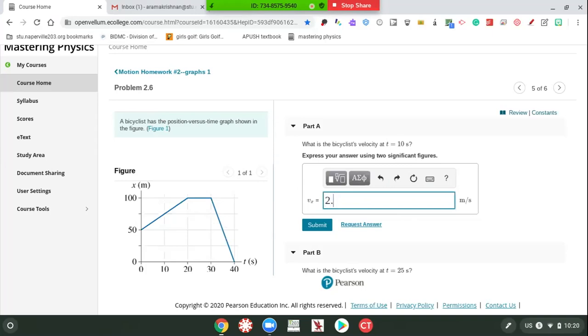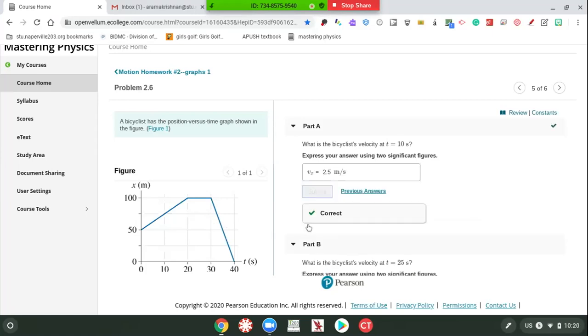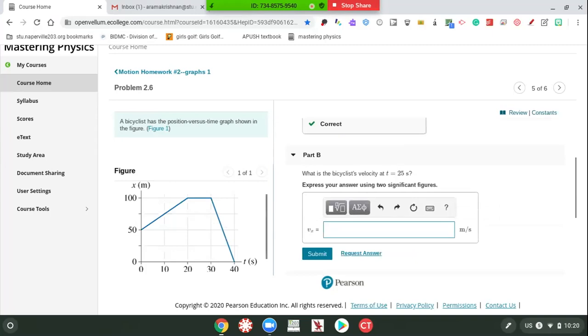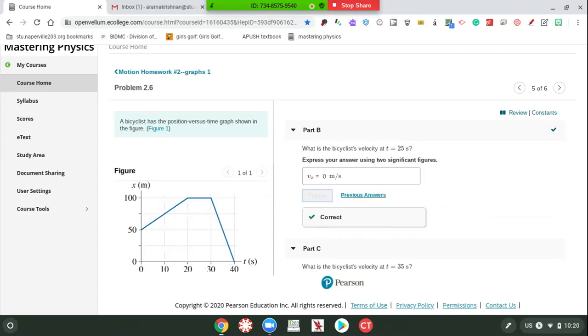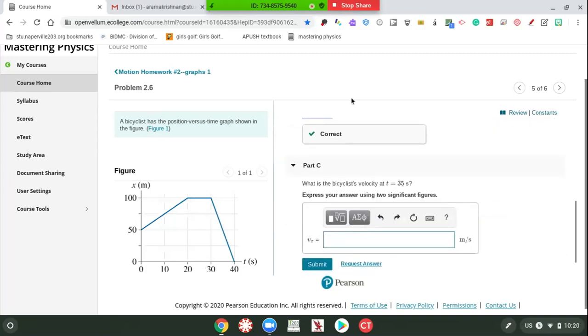So 5 by 2, 2.5. Twenty-five is here. Yes. This part, you can find it.